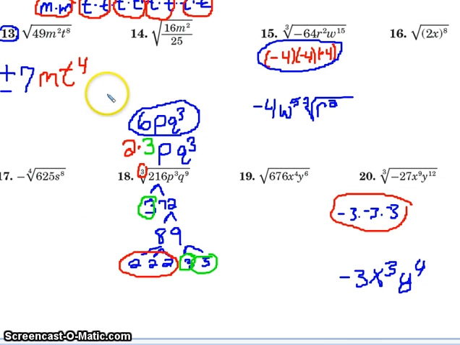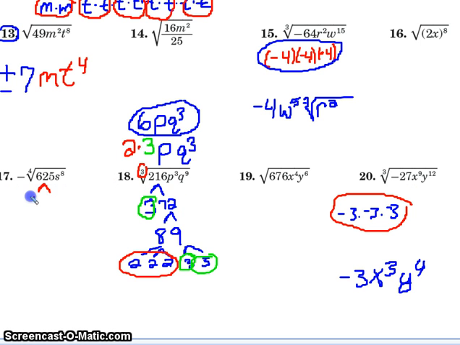All right, I have a couple more minutes. Let's do number 17. 17 is negative, so you technically could do that whole plus or minus thing if you wanted to. And then if we have 625, all I'm going for is 5.